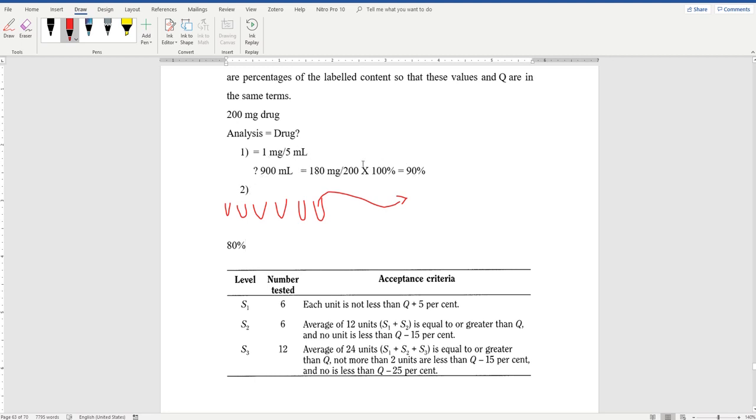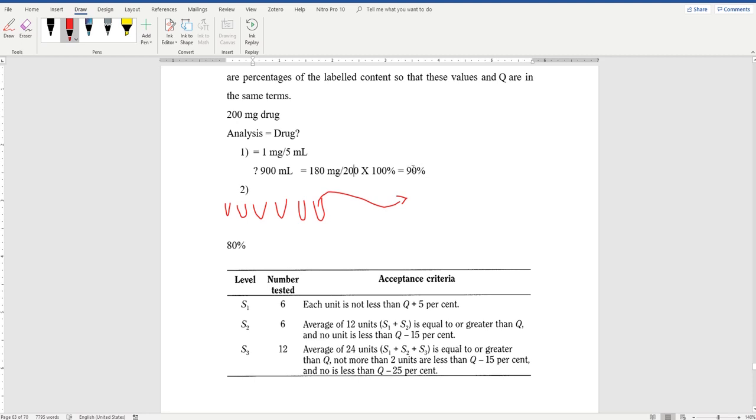Then how much is in the whole medium in the vessel. Then you divided how much dissolved in each vessel by the claimed amount, the one written on the package, for example paracetamol 500 milligram or another drug 200 milligram. That's the label, that's the claim. Multiply that by 100% and you get how much dissolved in the vessel from the tablet.